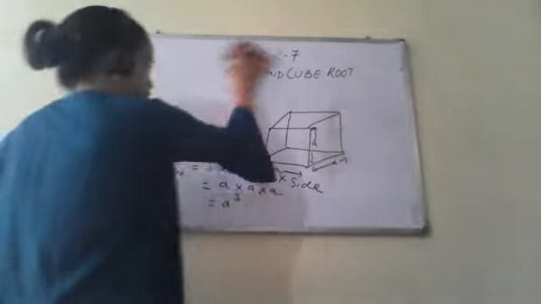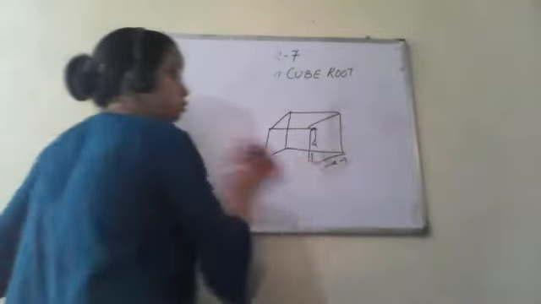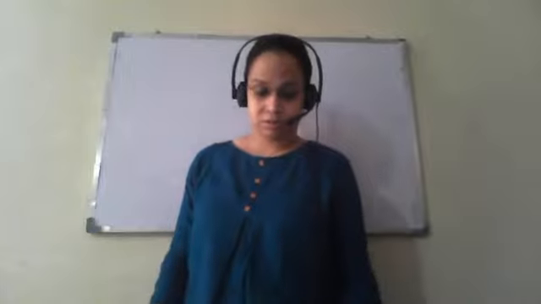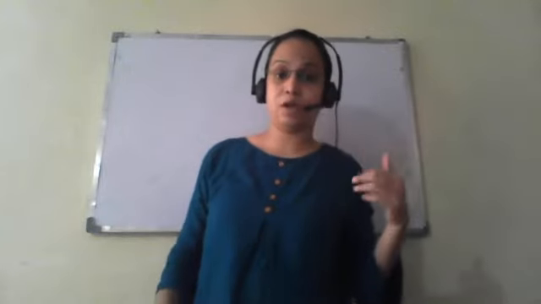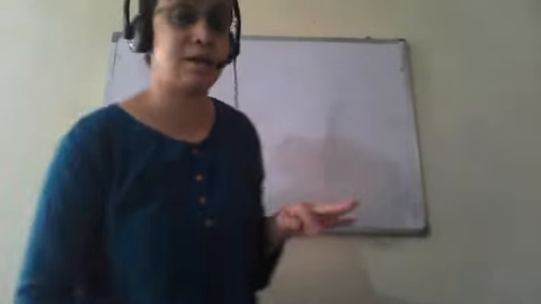Now, how to find the cube of certain numbers? Basically you have to memorize the cubes of 1 to 10, or 1 to 20 maximum. These are enough for you.